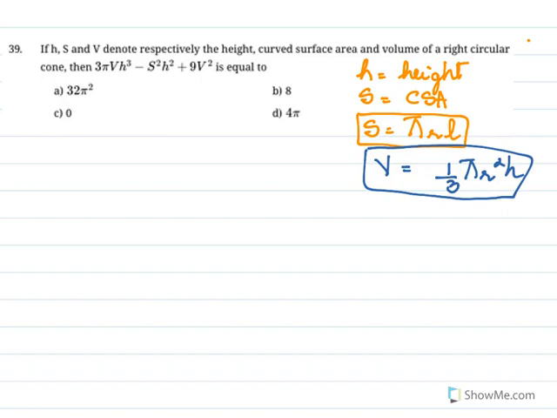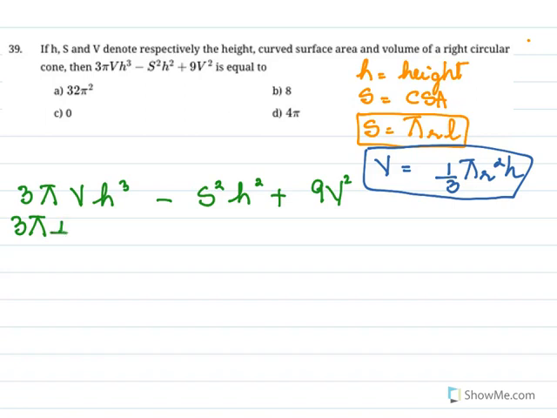So the expression given to us is 3 pi V h cube minus s square h square plus 9 v square. Let's go ahead and substitute. So we have 3 pi. We know V is a volume. So for V, I'm going to put 1 by 3 pi r square h.